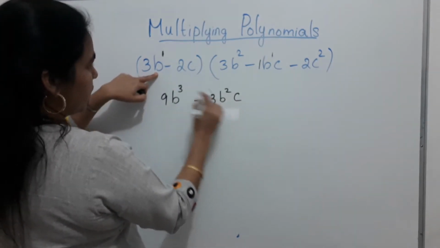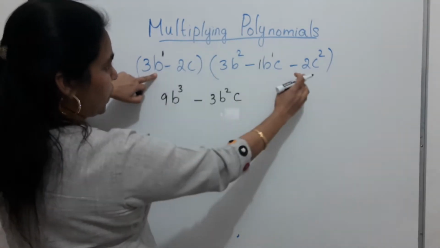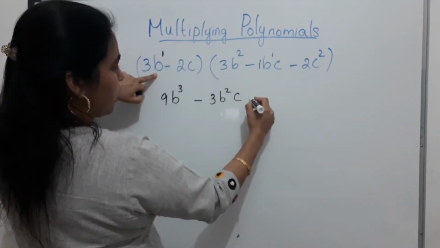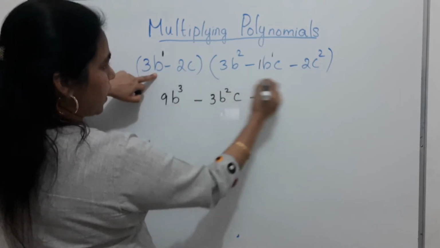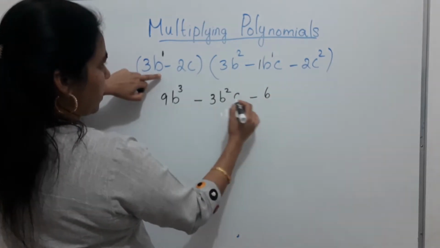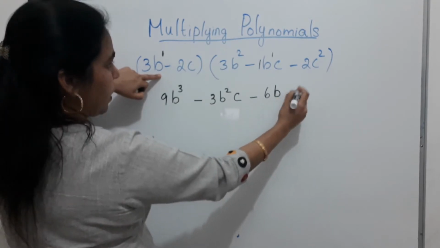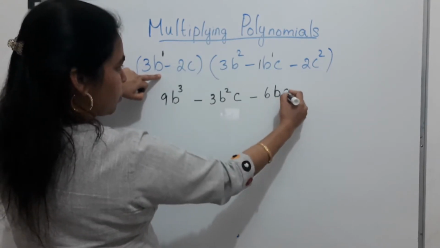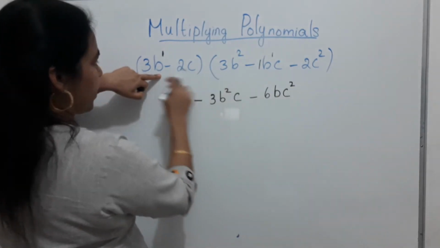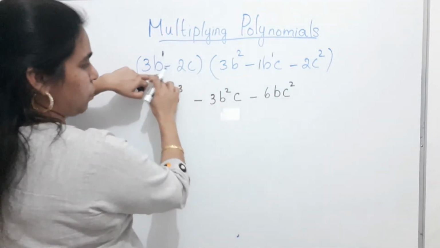Then you have to multiply 3b with minus 2c squared. So minus 3 times 2 is 6, and then b is here and there is no b here, so you write b as it is, and here you have c squared, so you write c squared. There is no c in here, so you don't have to worry about it.